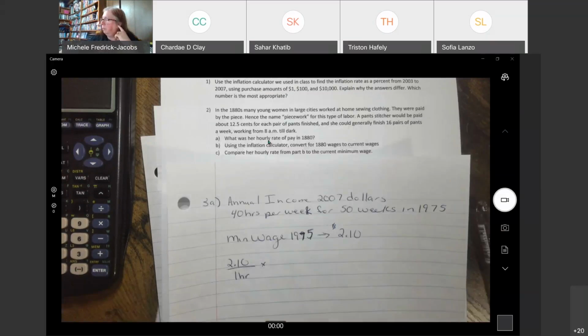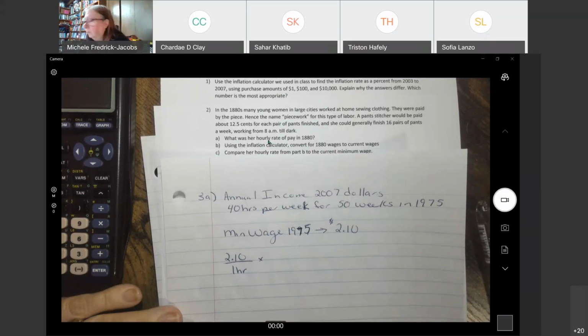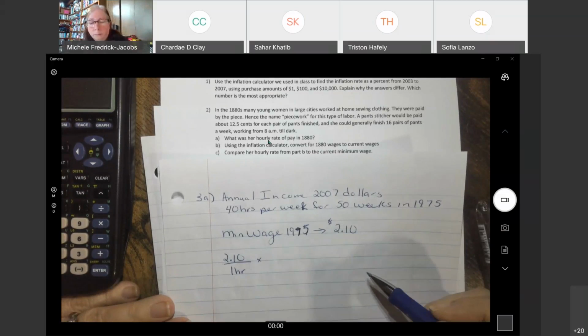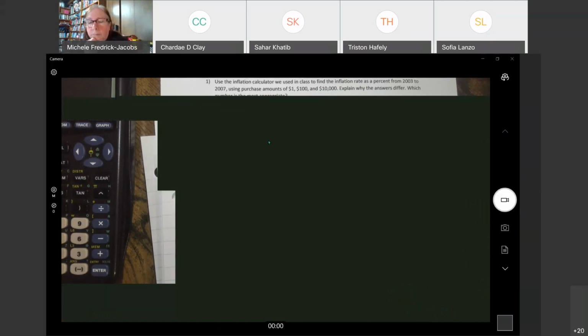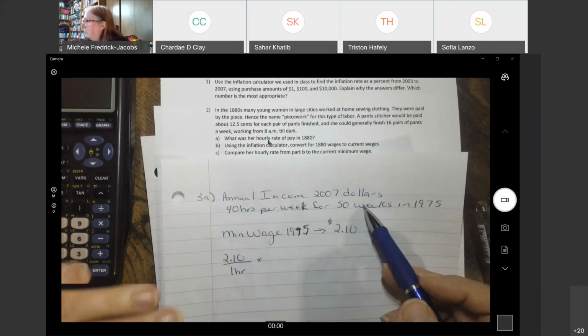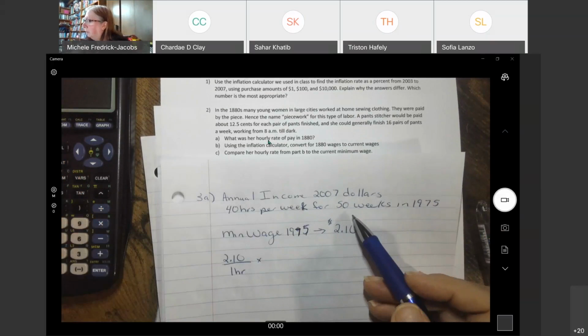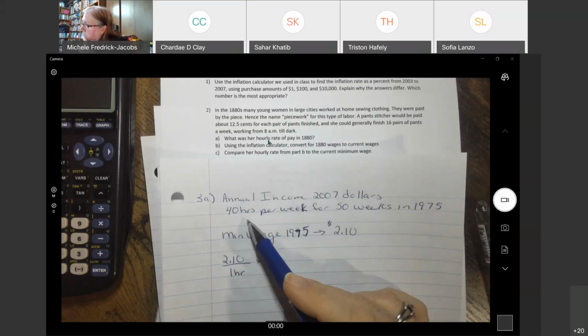How much are we making in a year? You just use proportions. Are we using 50 weeks for the year? Yeah. Probably holidays, you get a couple weeks in there. So it's just 40 hours a week for 50 weeks.